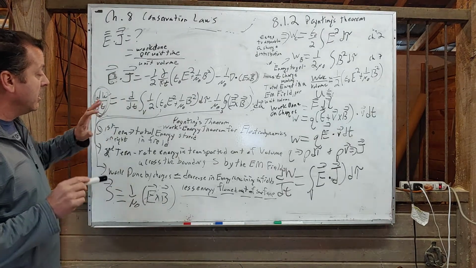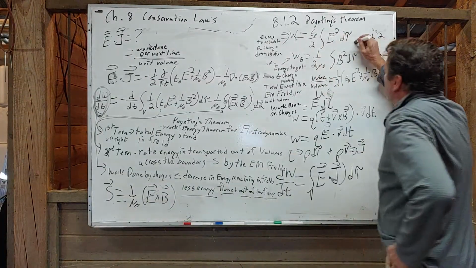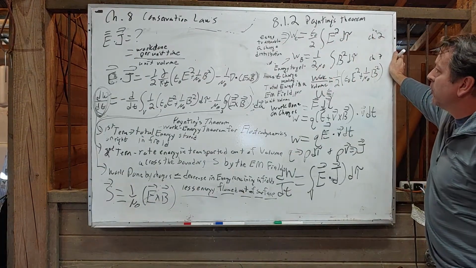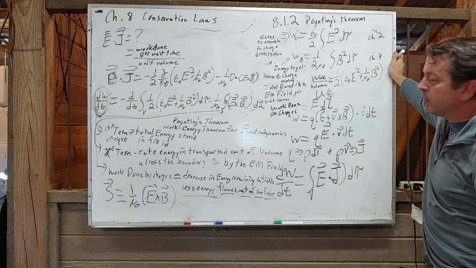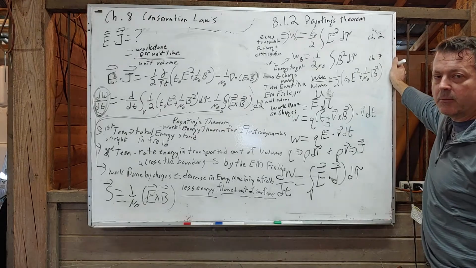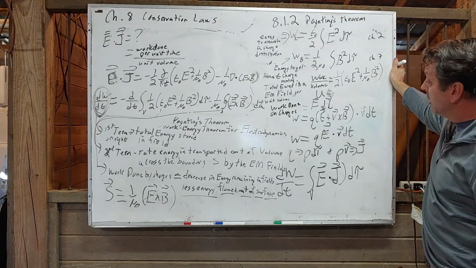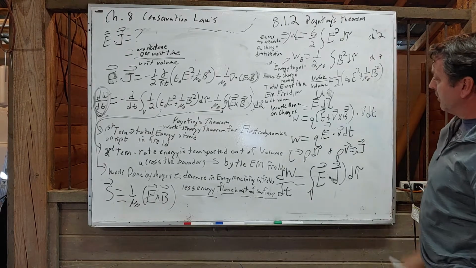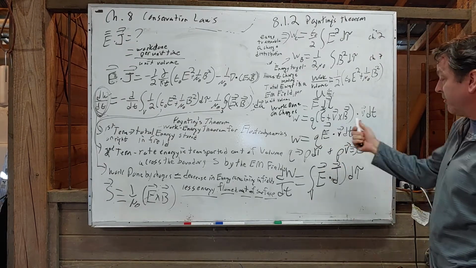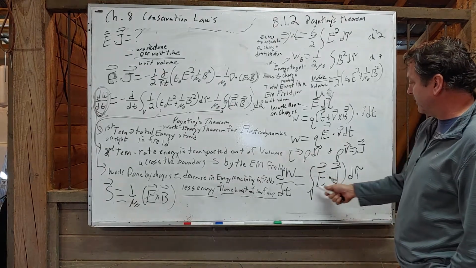This is shown based on just how much work it takes to assemble charges and keep a current going against a back EMF, to keep current still moving. And applying what we previously knew, the Lorentz force law, looking at work over time, and then just trying to understand what this is.